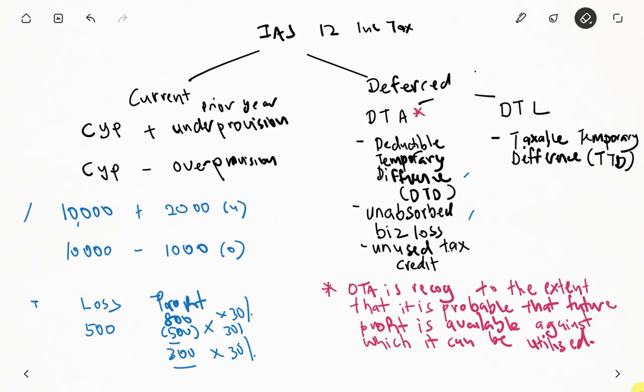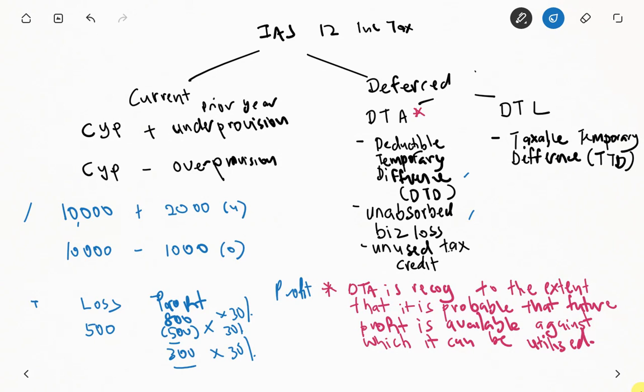But what if my profit in the future is lower? Because the business I make losses, I think for next year, let's say I sell handphones, this handphone here maybe is quite popular, but in the future I am not sure because I do not have any new model coming up. If I launch this model, it's popular this year, but maybe in the future I don't foresee any more profit.